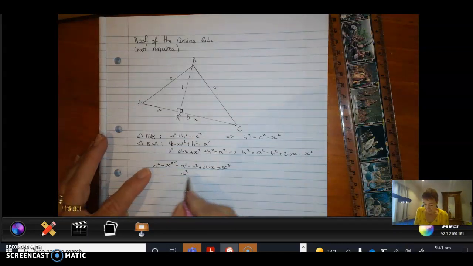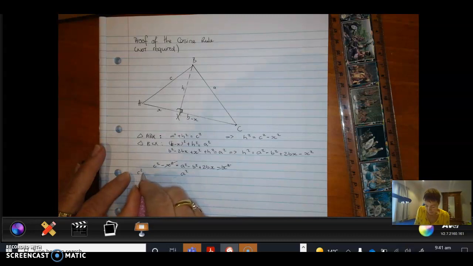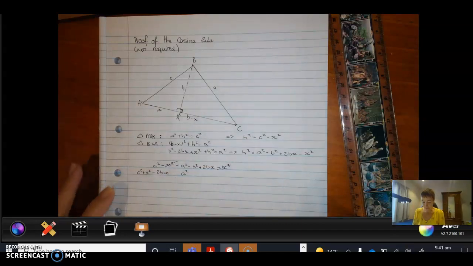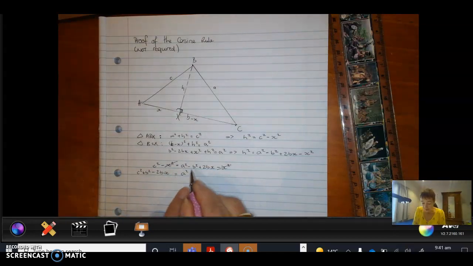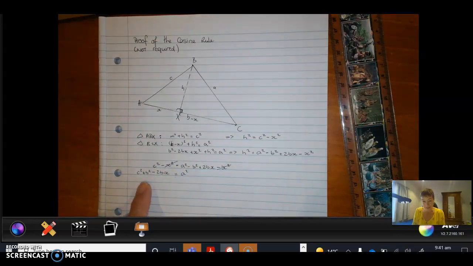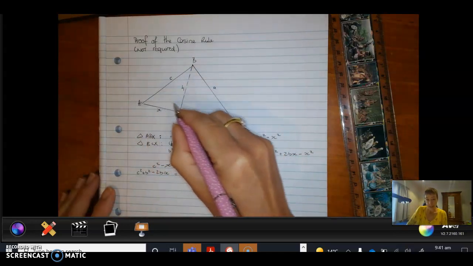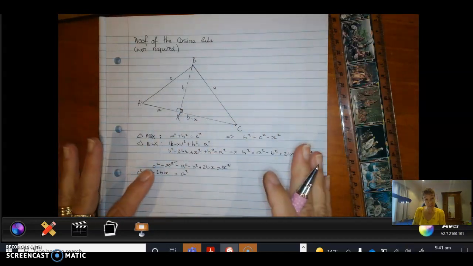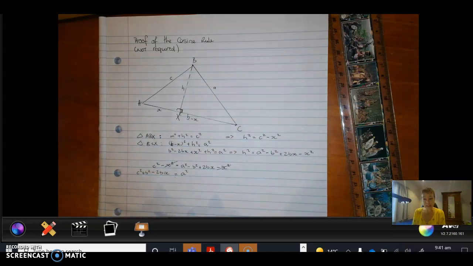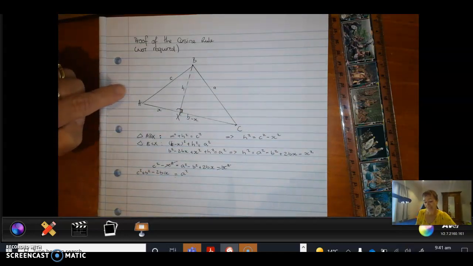So a squared equals c squared plus b squared minus 2bx. So I've just taken these two terms over to the other side. Now, just looking at this triangle over there. So that's all just rearranging. It's just year 9 and 10 stuff, maybe a bit of year 11 in there.